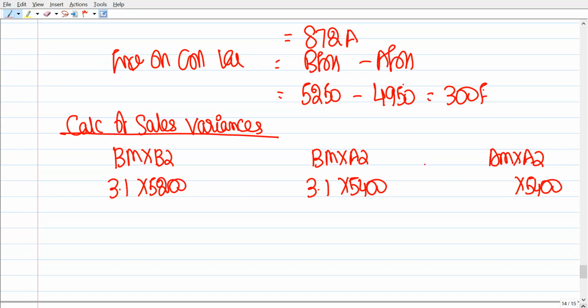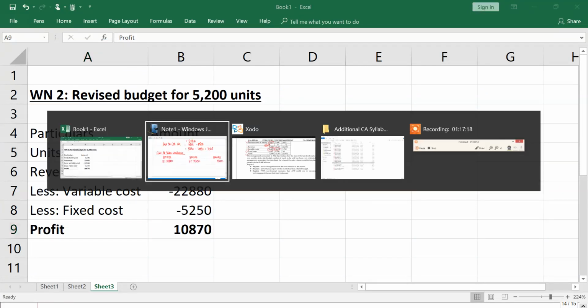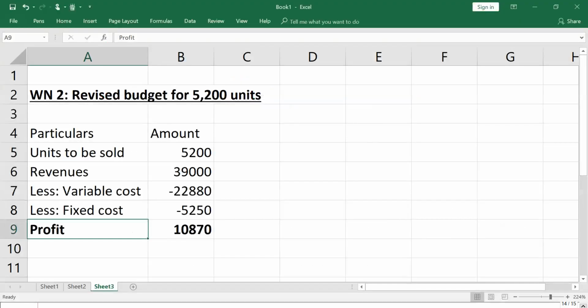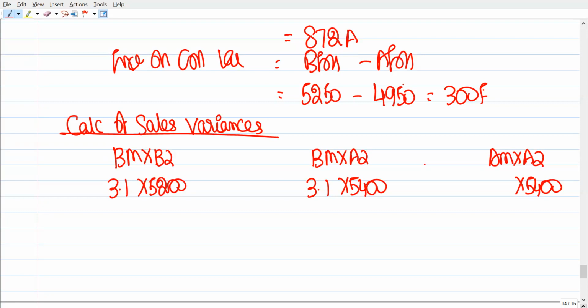How much is the AM? It's in decimals. Is there rounding off happening? Okay, 3.075 then.